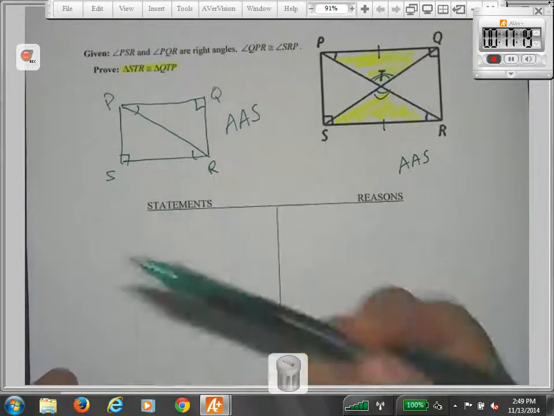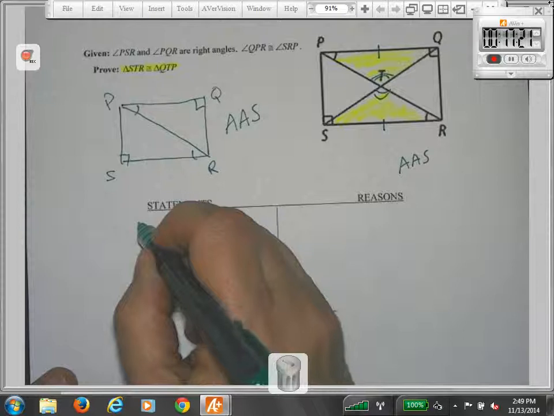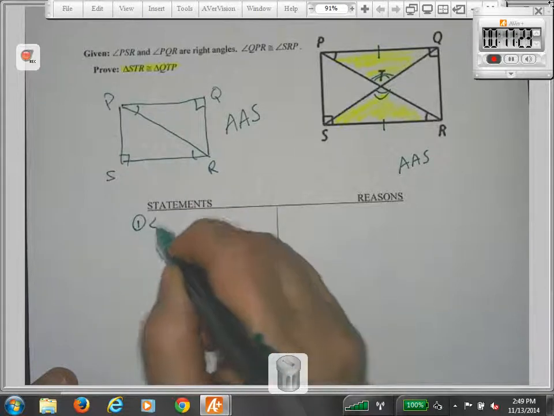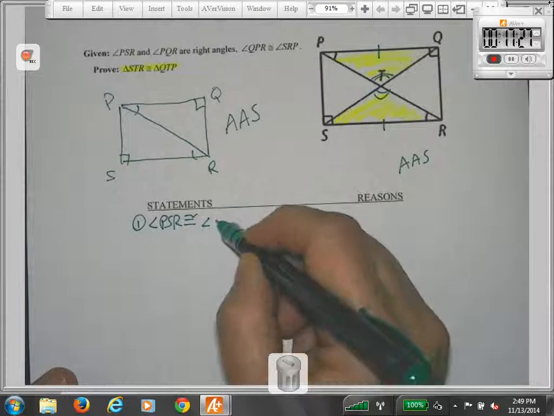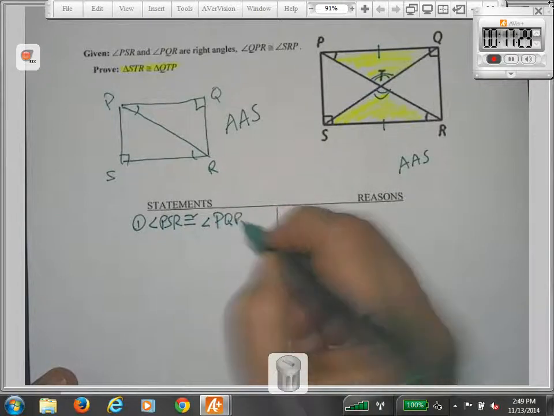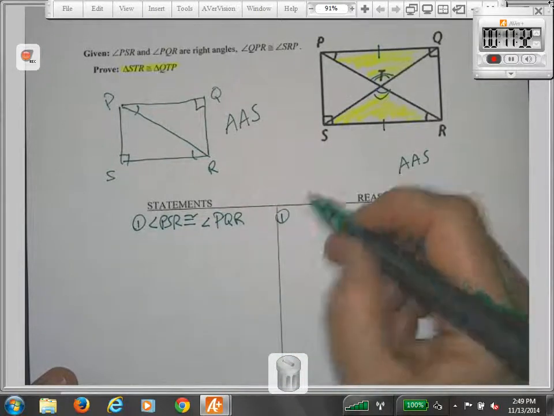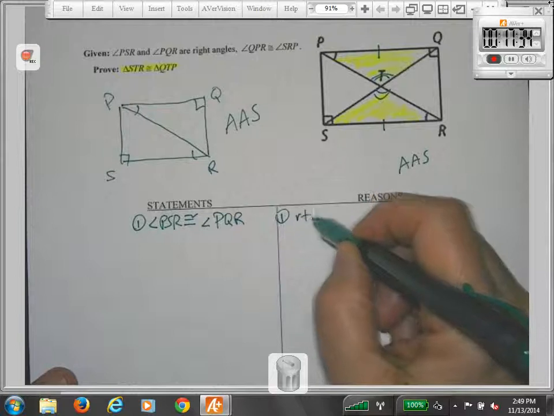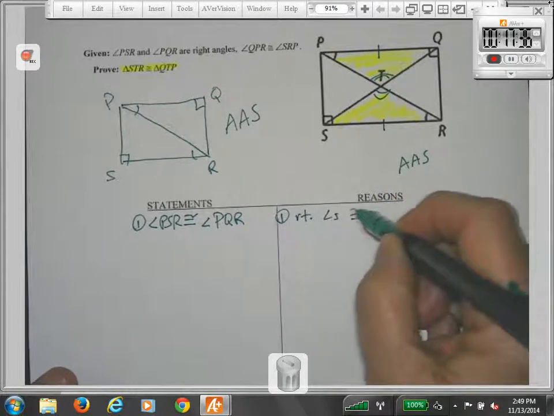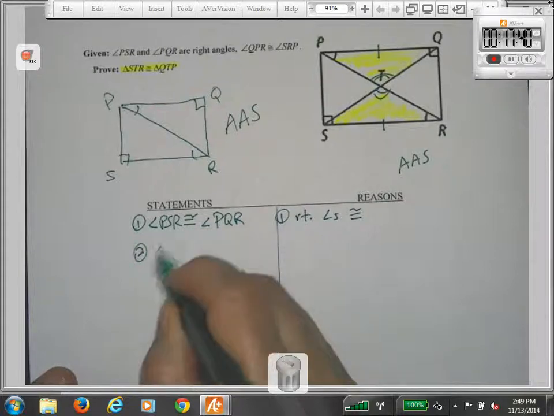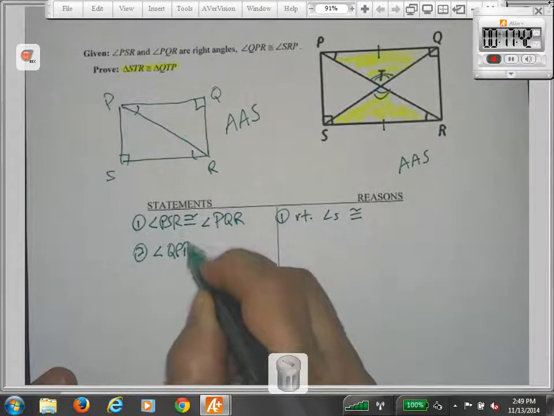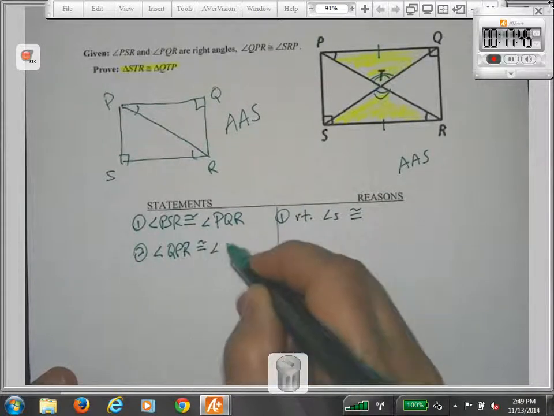So we have angle PSR congruent to angle PQR, and this is actually right angles are congruent, okay? In step 2, angle QPR is congruent to angle SRP, and that part is given.